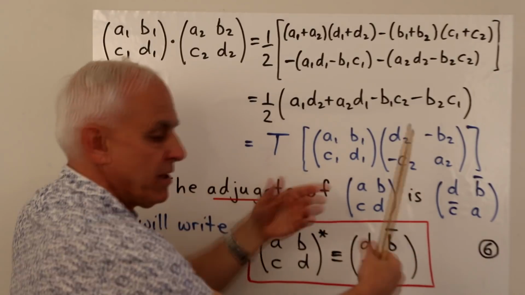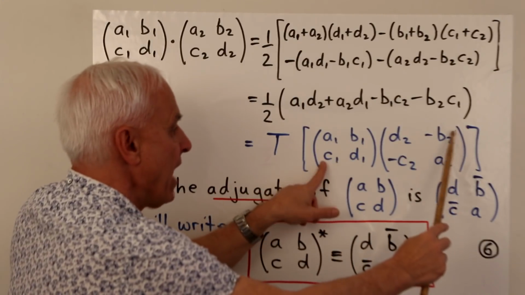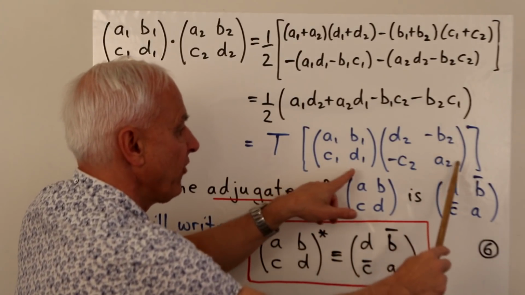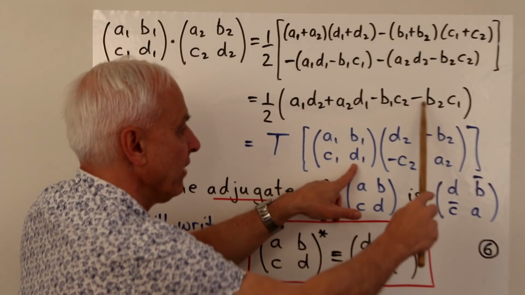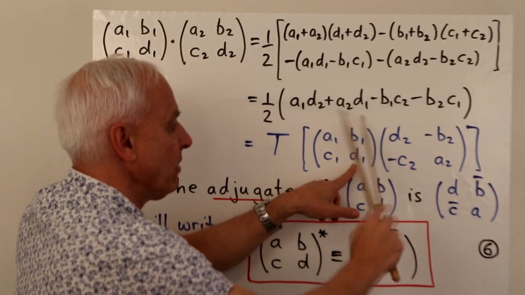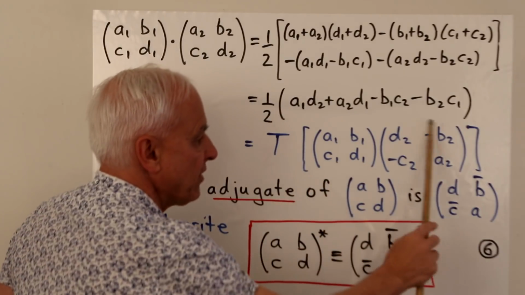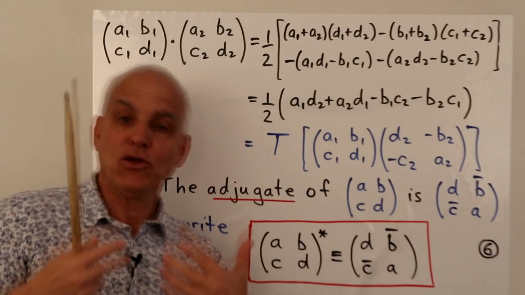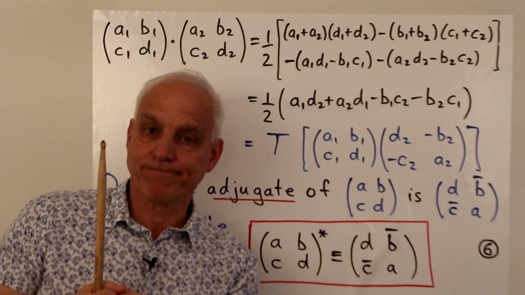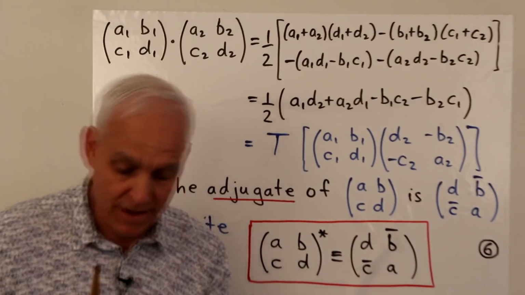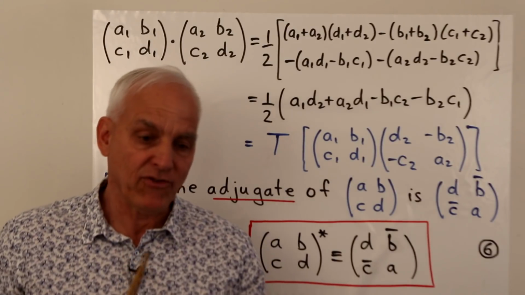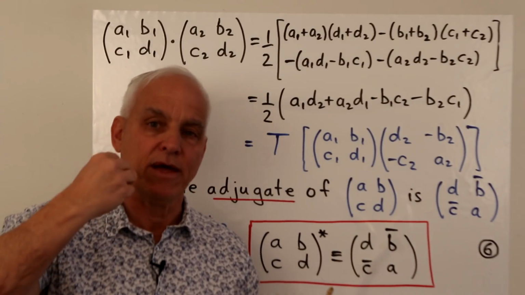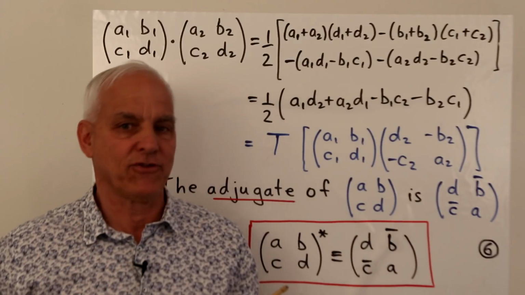And the term in the bottom right will be minus B2 C1 plus A2 D1. So yes, indeed, if you take the half-trace of this product, you're getting exactly this value of the symmetric bilinear form. So we've figured out what the symmetric bilinear form is that's associated with the determinant in the 2x2 case.